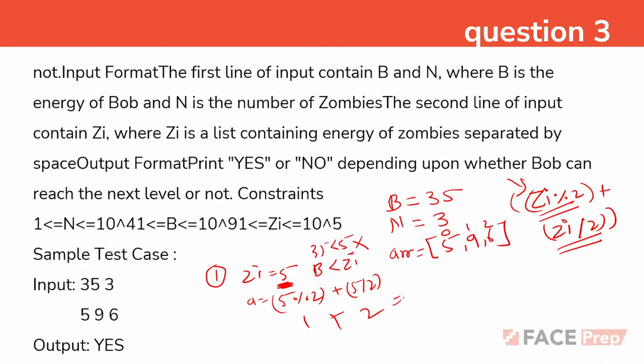What is the summation of these? Bob is going to lose 3 energy over here. That means we need to perform B minus 3, which is 35 minus 3.